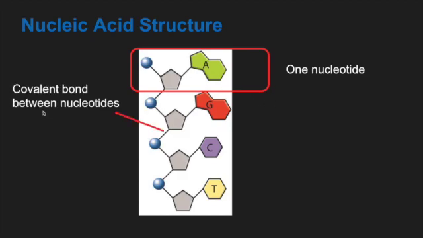So you have these covalent bonds here that connect our nucleotide to our next nucleotide. I also want to point out that if you look here, how does adenine look different from cytosine or thymine? Adenine and guanine look a little different from cytosine and thymine.